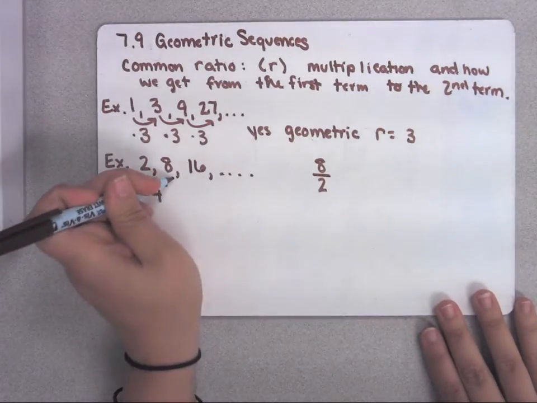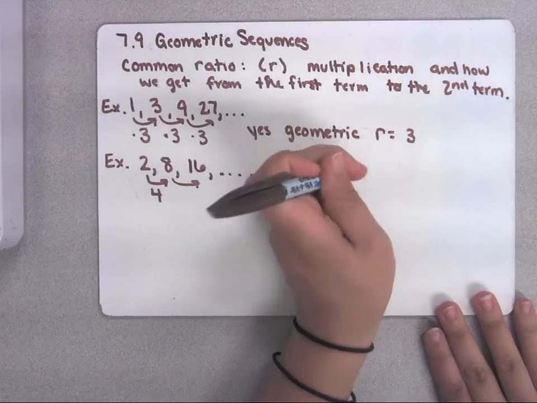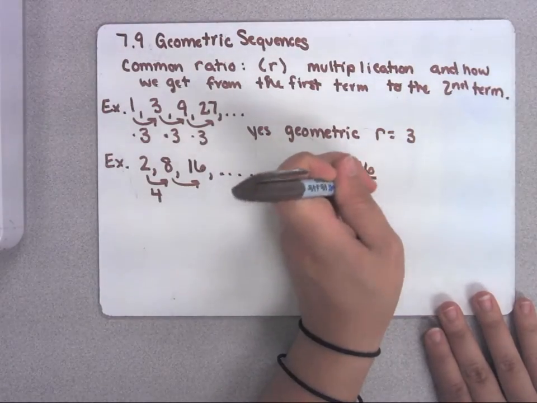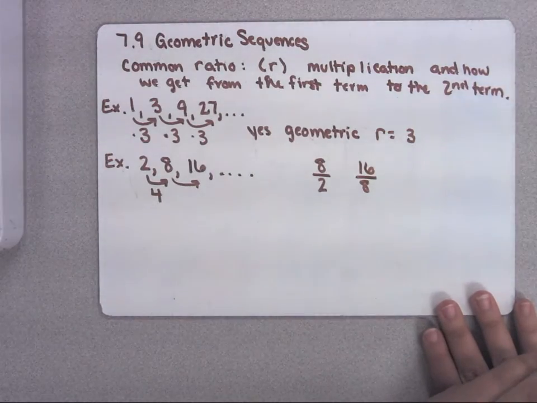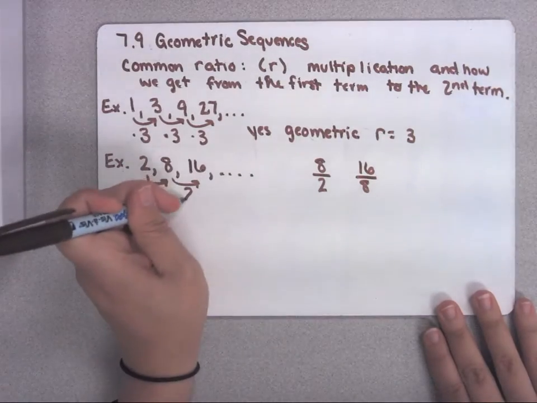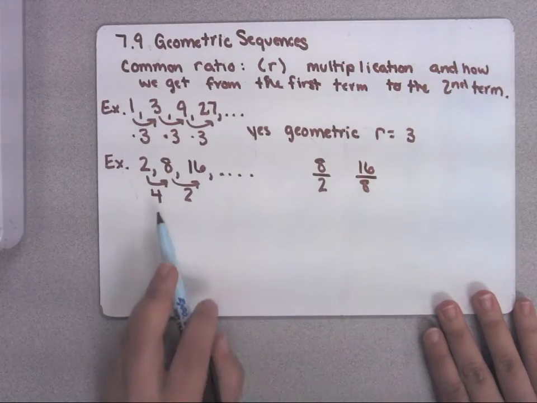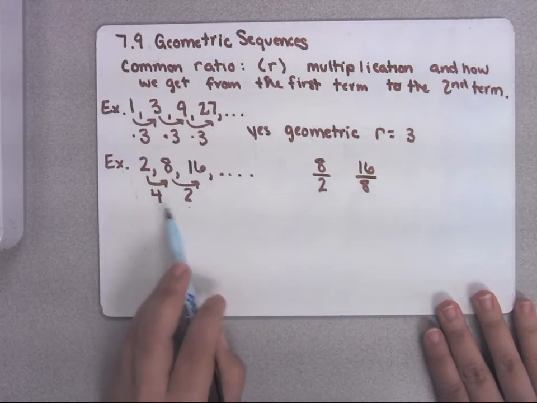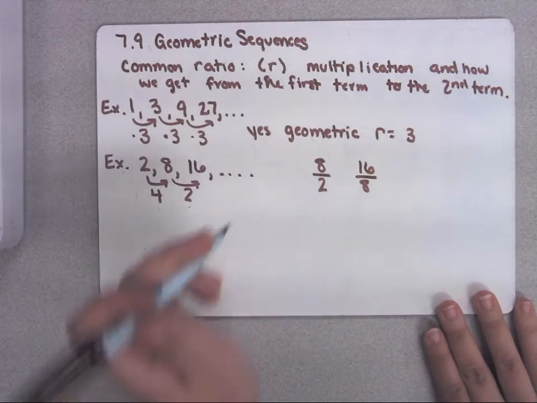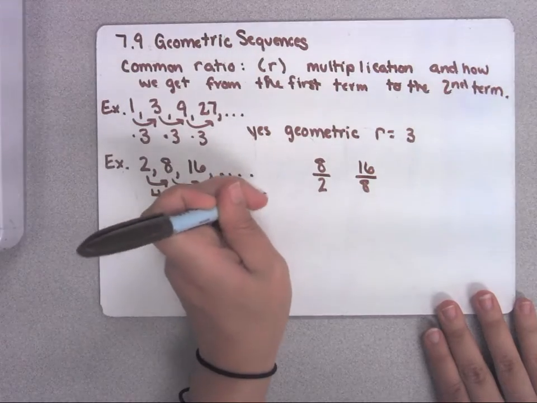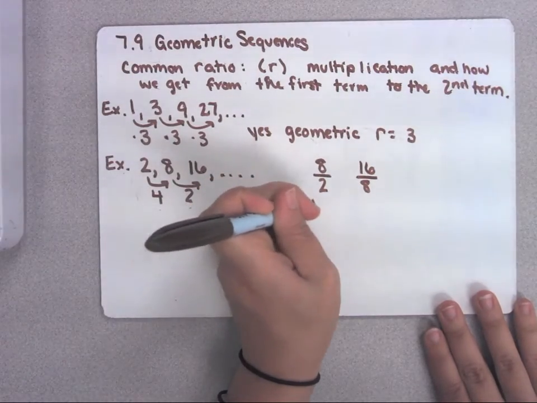Okay. Now we're going to do the same thing again. 16 divided by 8, what does that equal? So 8 times 2, does that make 16? But are these numbers the same? No, then this is not geometric.